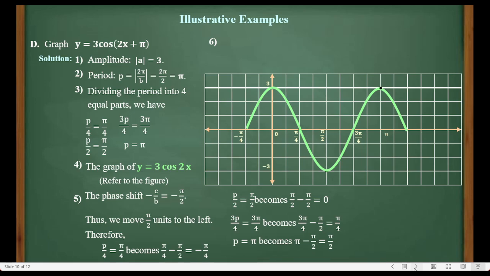And then for the sixth step, we are now going to trace the graph of the given function by simply moving the graph of the mother function by pi over 2 units to the left. Now observe the translation of the graph.